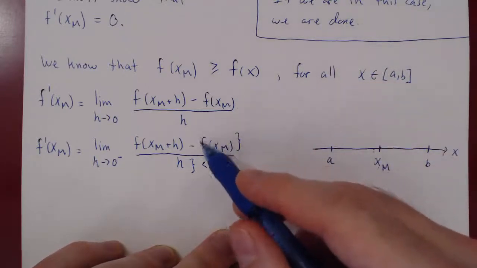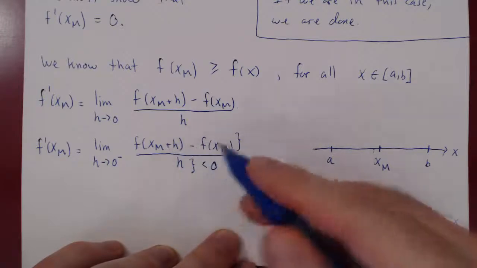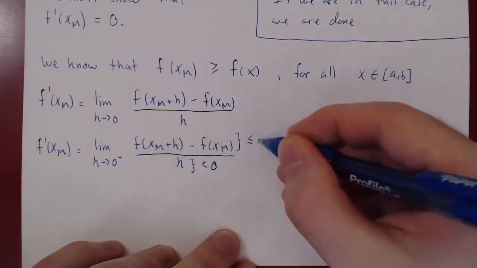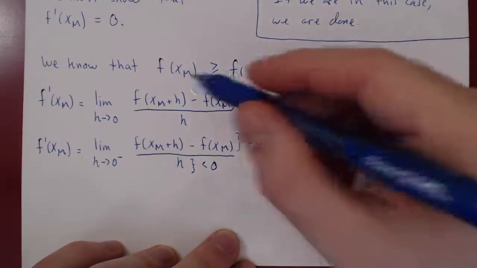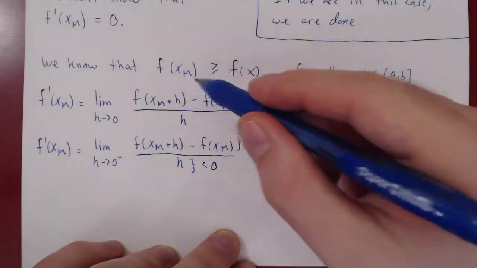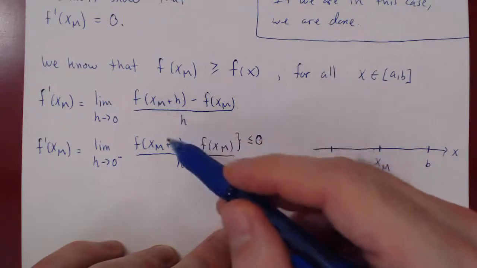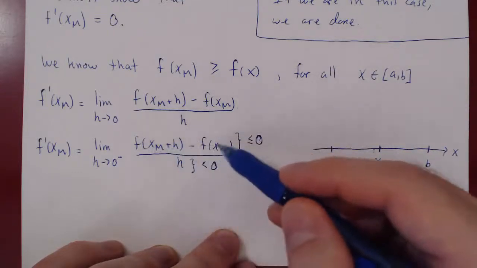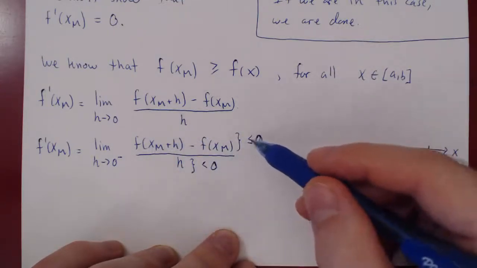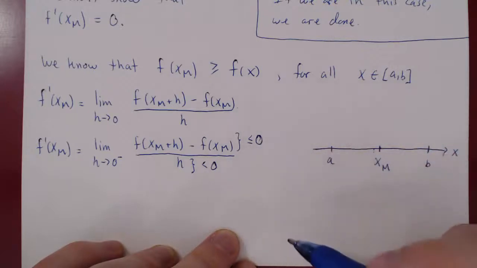Because this is the greatest value attained by the function, the numerator is at most 0. Because f of xm is bigger than or equal to any other value of f, some value of f minus the greatest value of f can only be, in the best case, 0 or less than 0.